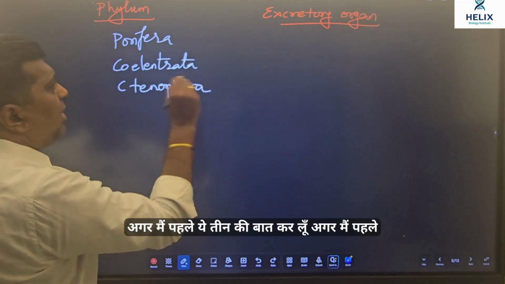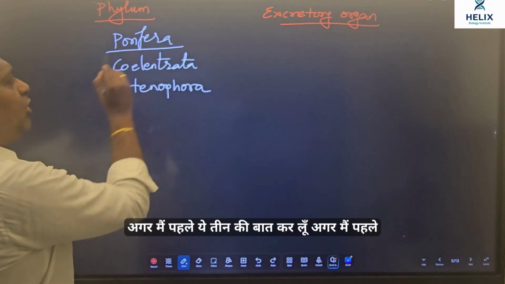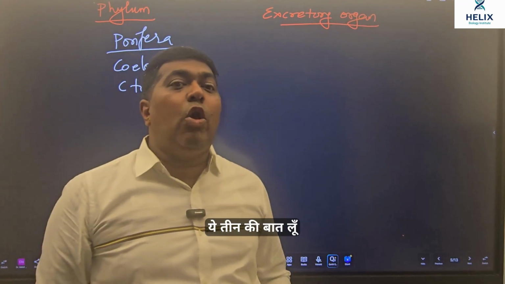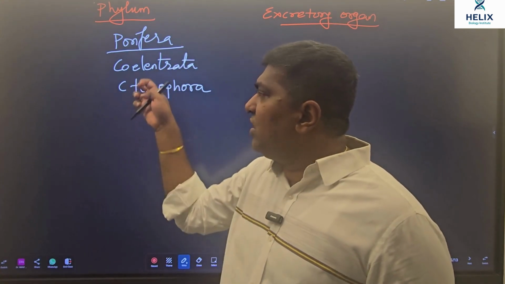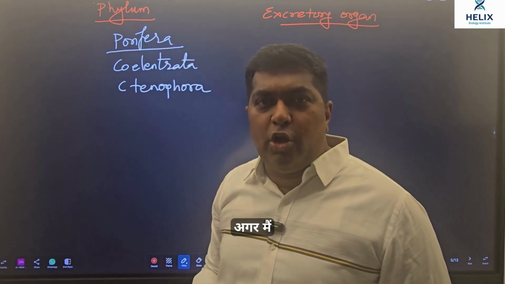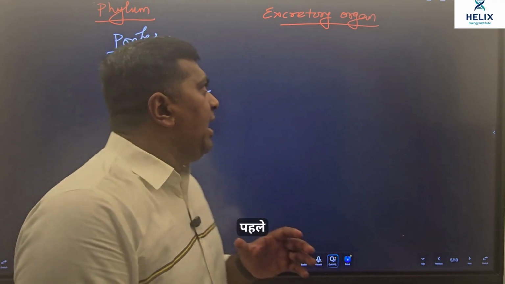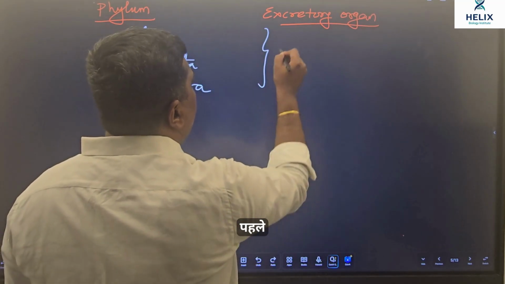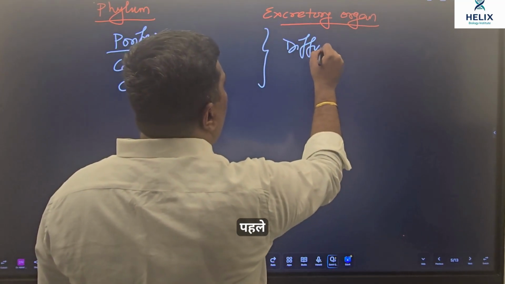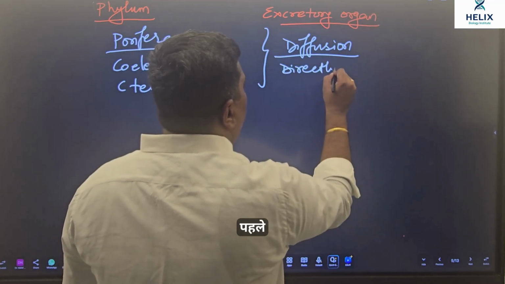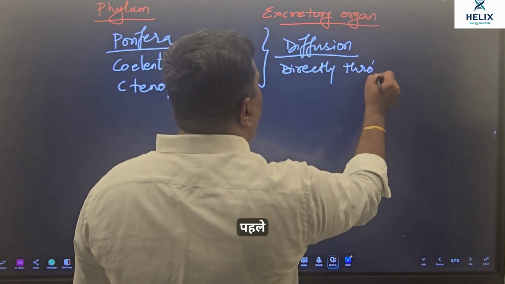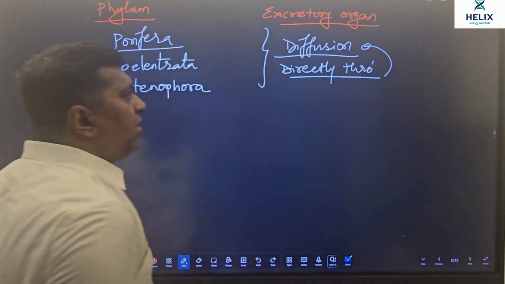If I talk about these first three, obviously they do not have any specialized excretory organ, because the first one has cell level organization and the next two have tissue level organization, so there is no organ there. So here excretion occurs directly through diffusion.